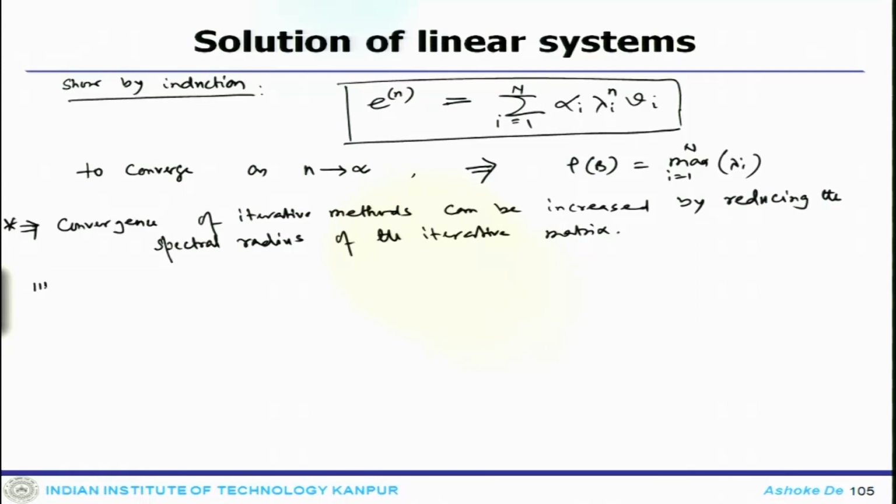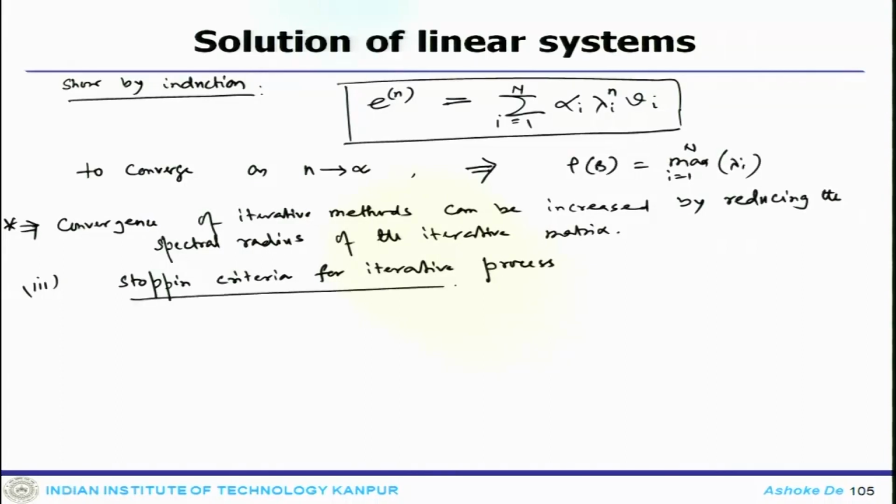Now the third important point is that some sort of stopping criteria is very much necessary for an iterative process. So that brings the stopping criteria for iterative process or iterative methods, which dictates or tells you where to stop or when to stop.